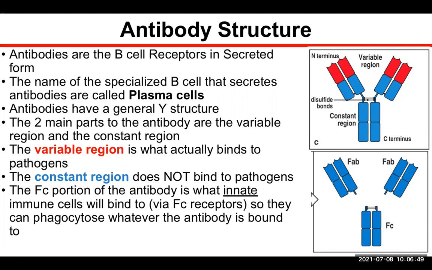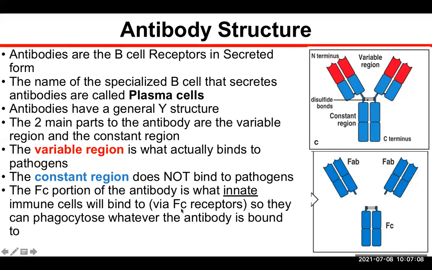Macrophages are a big example, but most innate immune cells have these FC receptors, and they're just circulating within your blood, trying to find anything that has antibody attached to it. And if it has antibody attached to it, it's usually some kind of pathogen.